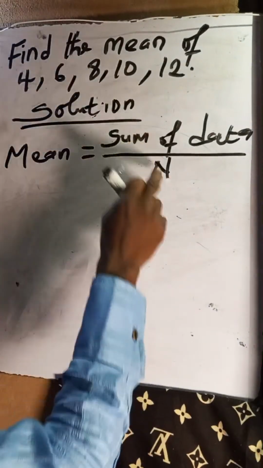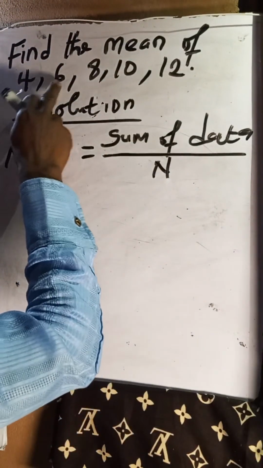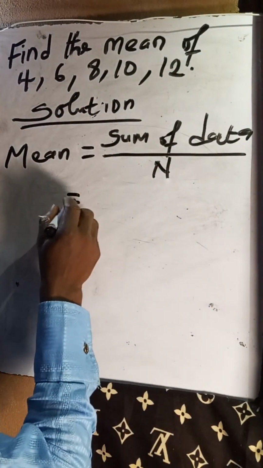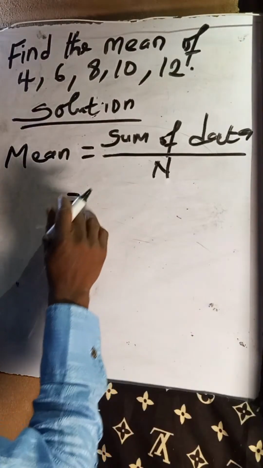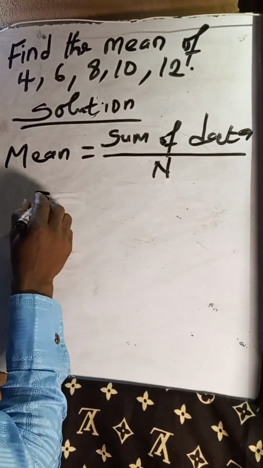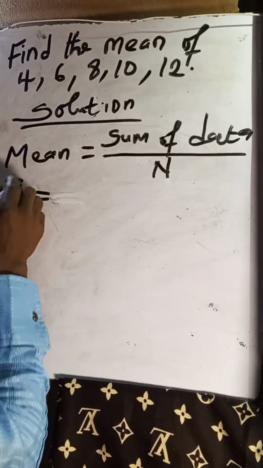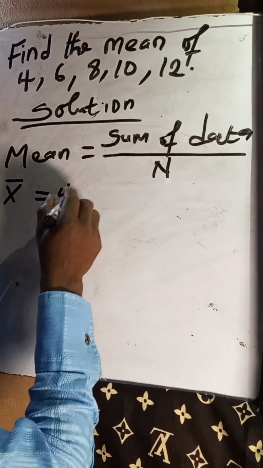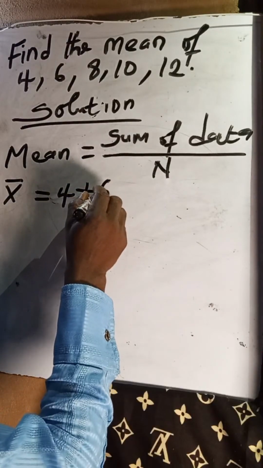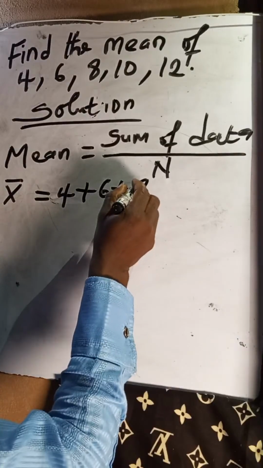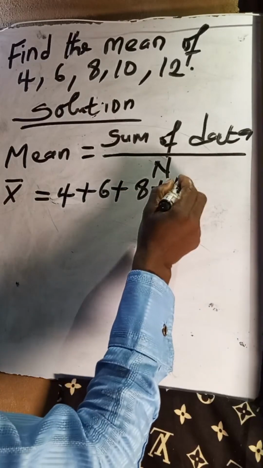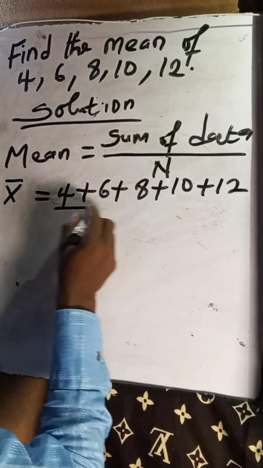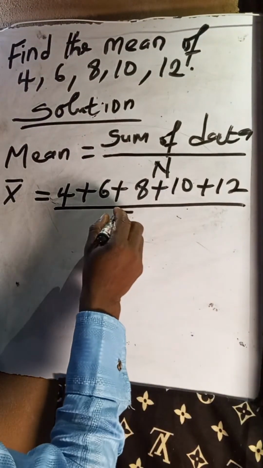You just count it and put it here. If you count, 1, 2, 3, 4, 5. So the mean, let's use x bar, is 4 plus 6 plus 8 plus 10 plus 12, then we are going to divide by 5.